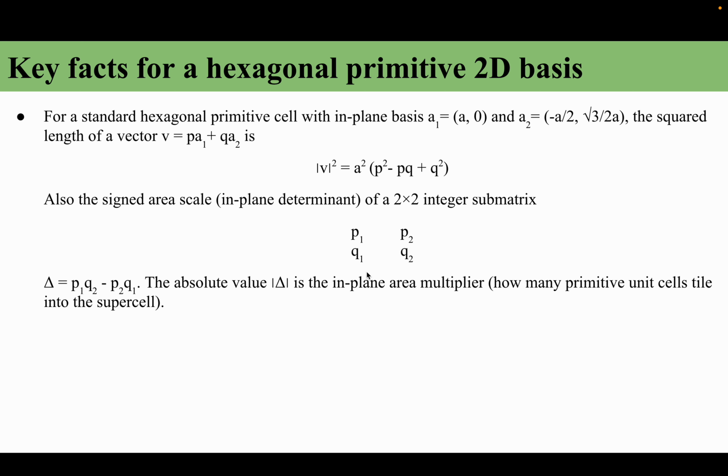This determinant can also be represented as p1 q2 minus p2 q1. The absolute value, delta mod, is the in-plane area multiplier, and it also tells us how many primitive unit cells are present here. Why we are doing all this will be clear in the next slide.